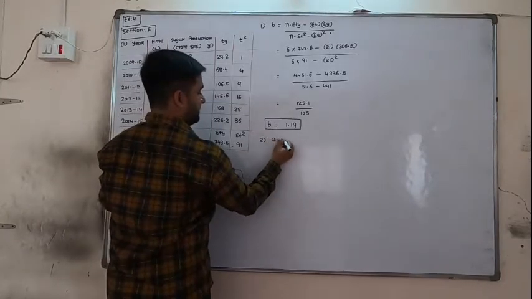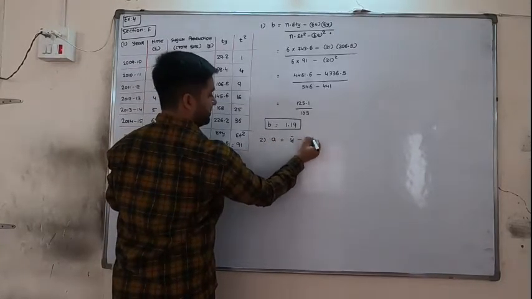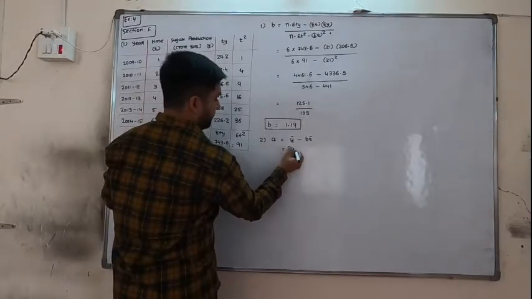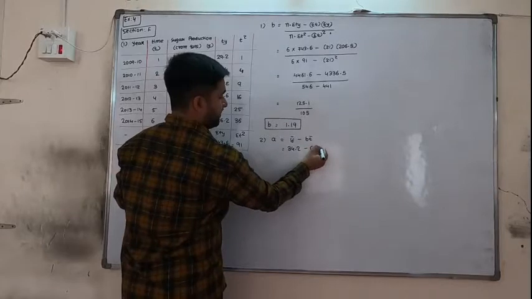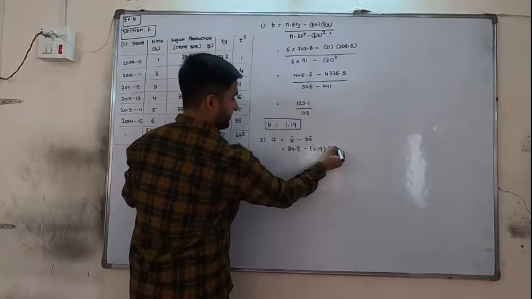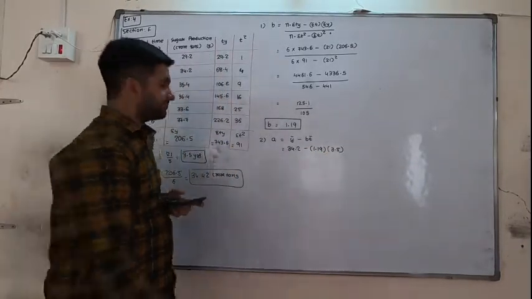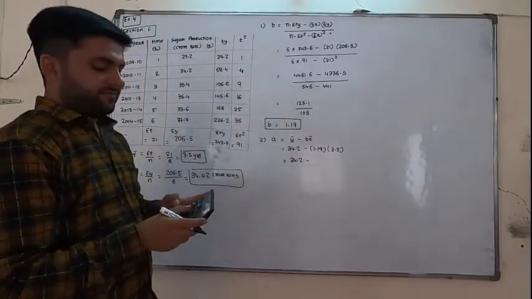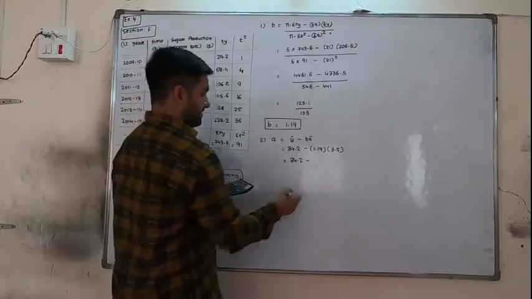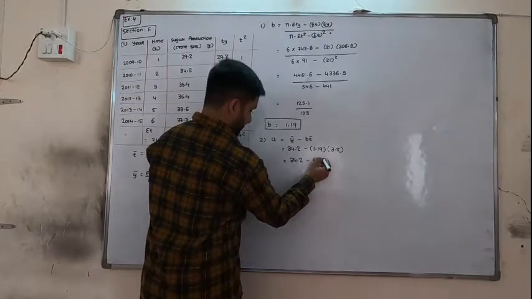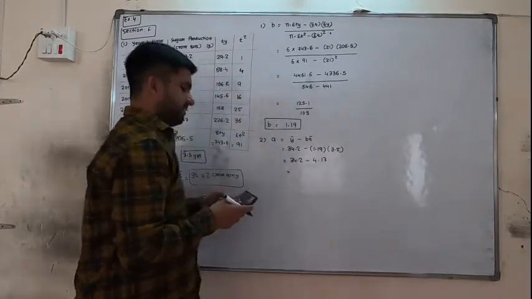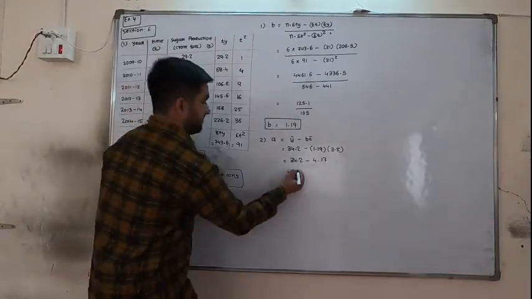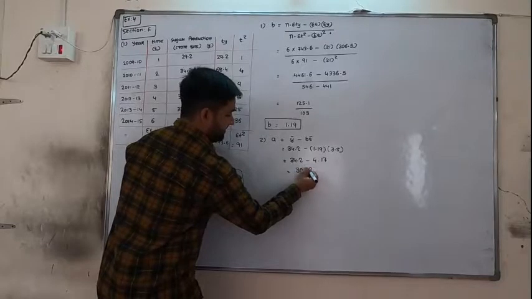Second step, A is equal to y bar minus b t bar. Y bar is 34.2, b is 1.19, t bar is 3.5. So 34.2 minus 1.19 multiply 3.5, which is 4.165, so 4.17. 34.25 minus 4.17 is 30.03.